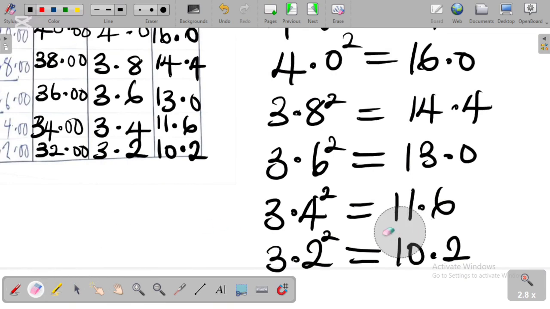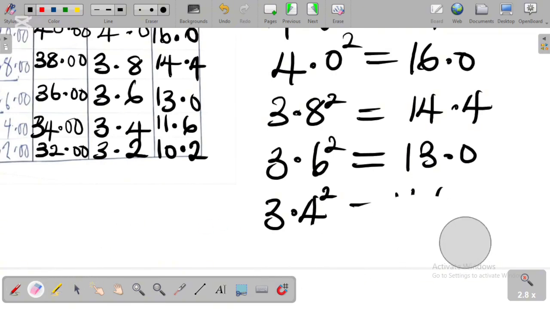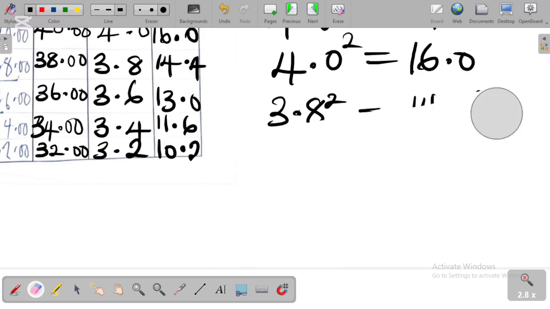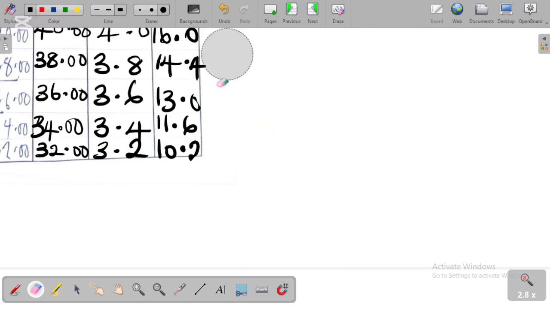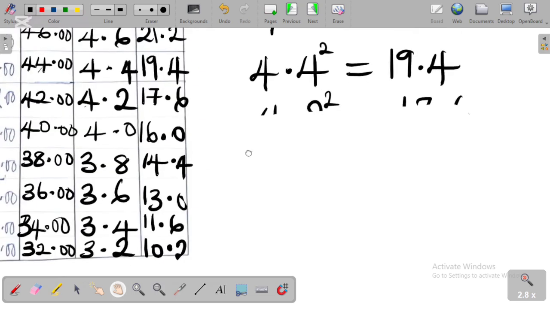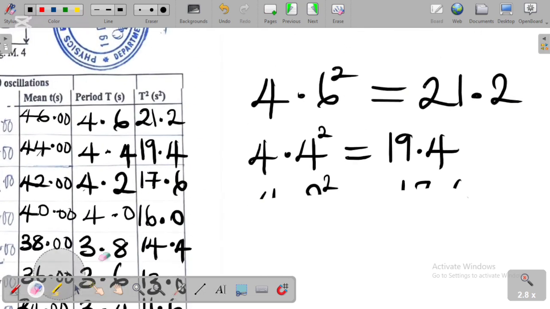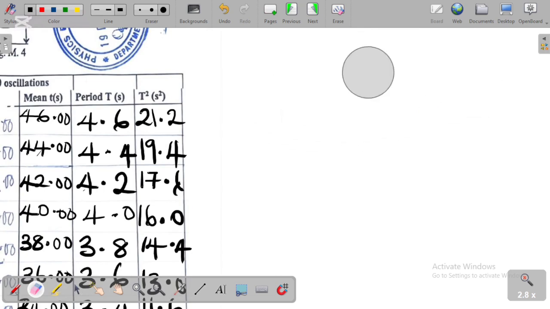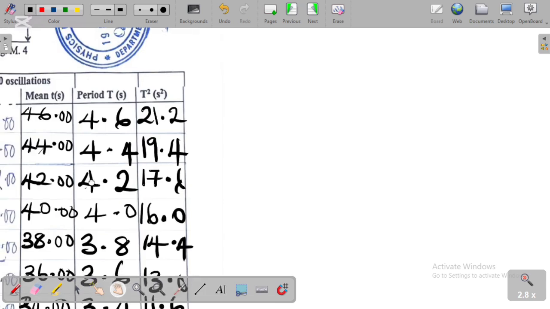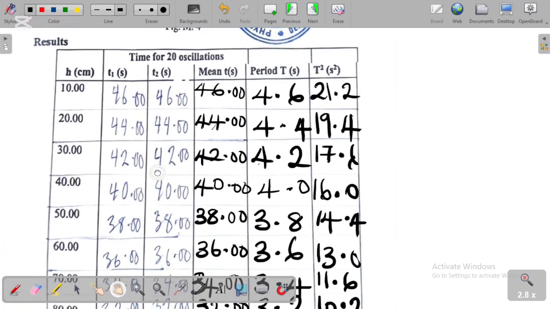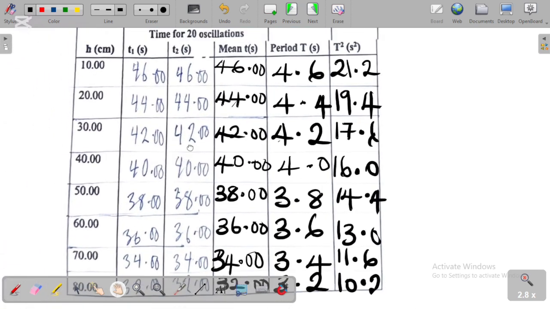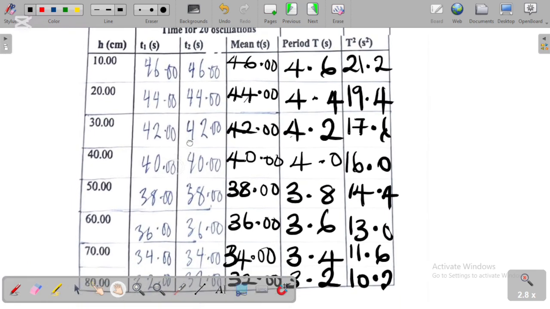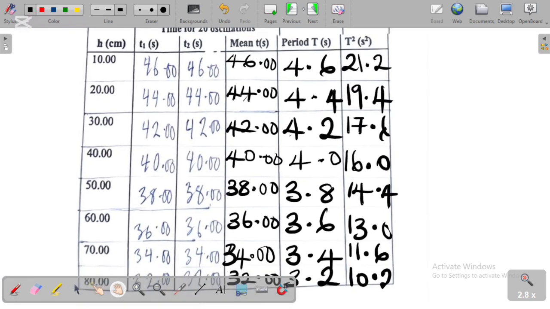All right, let's now erase this. All right, at this point, we've gotten all the values that we need. Let's now look at the next page.